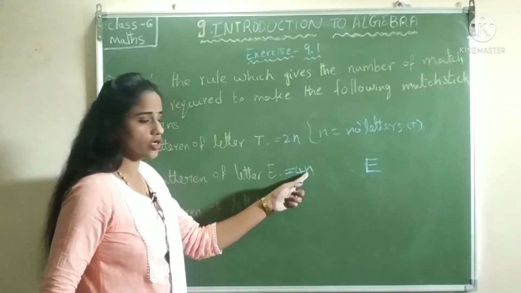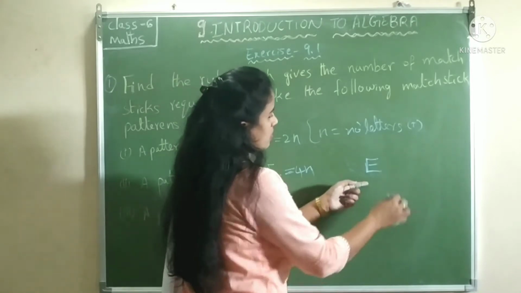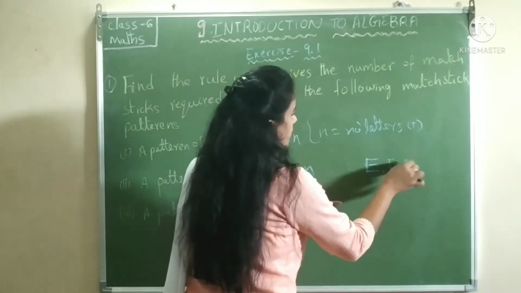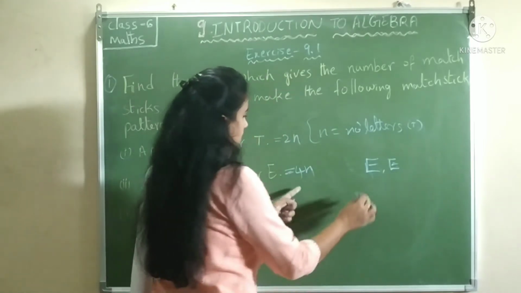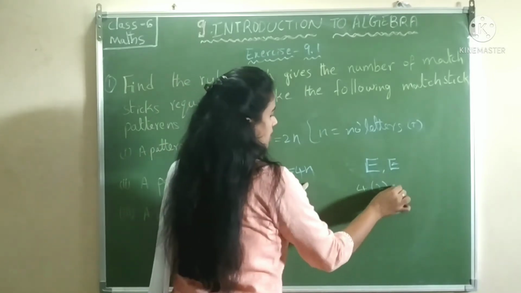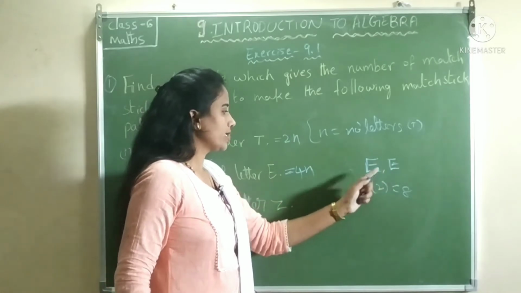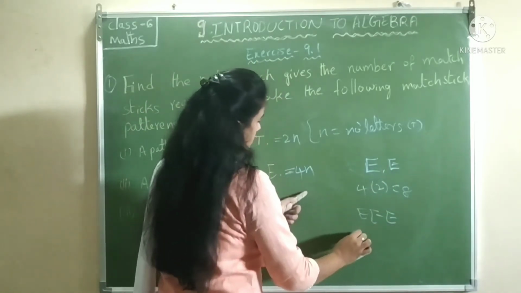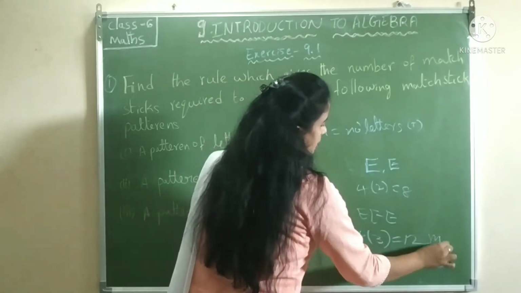Here n is equal to the number of letters E. Suppose you need to prepare 2 E's. How many matchsticks are required for 2 E's? 4 into 2, n is equal to 2 here, so 8. 8 matchsticks are required for 2 E's. Suppose 3 E's: 4 into 3, 12 matchsticks are required.